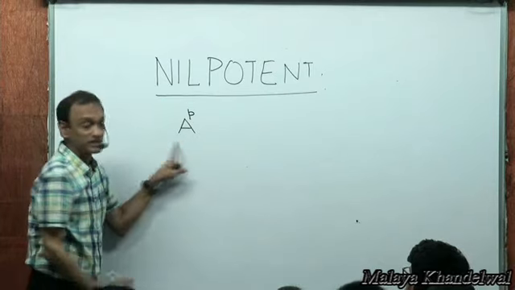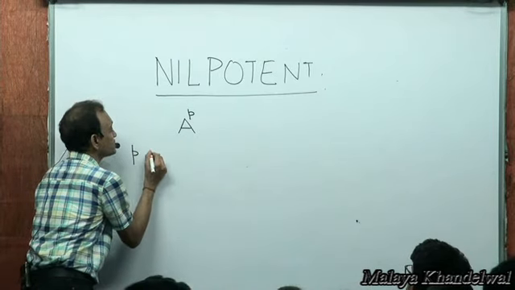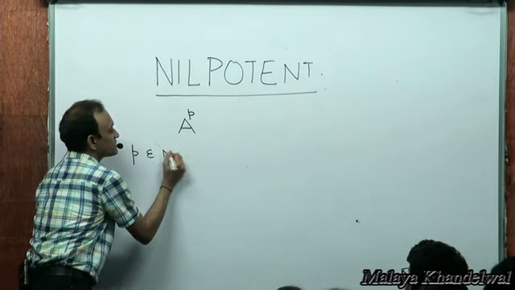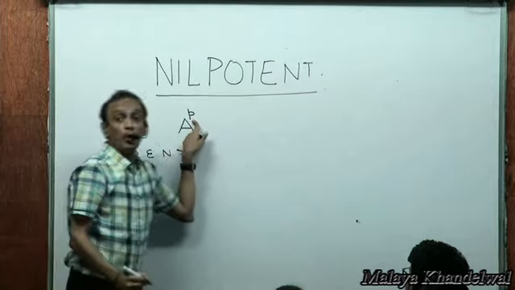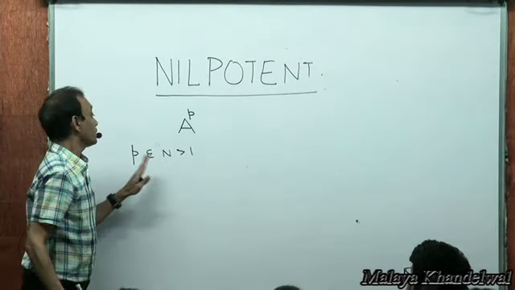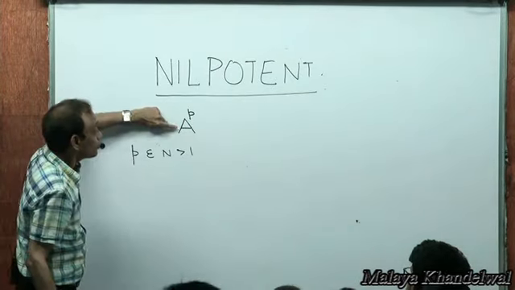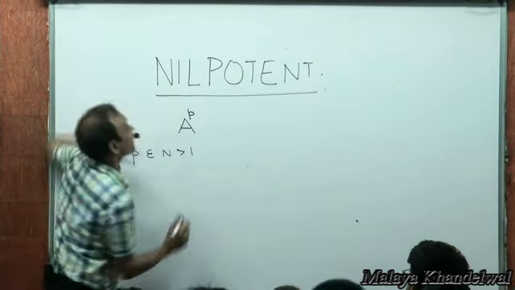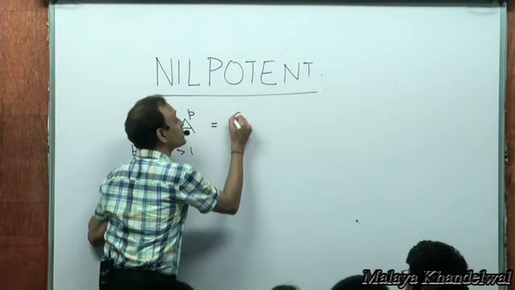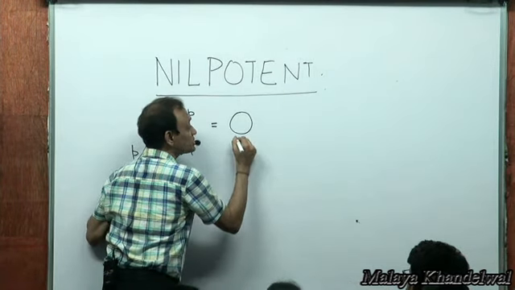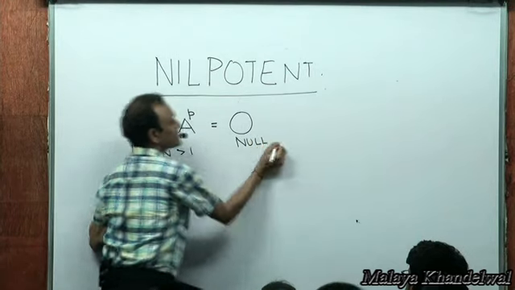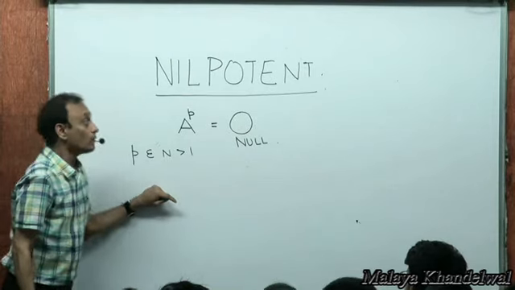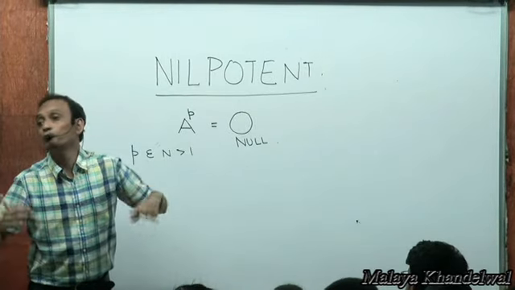If for a matrix A, I can find a positive integer p, a natural number p greater than 1, for which A to the power p is a null matrix, not 0, a null matrix, then A is called a nilpotent matrix.